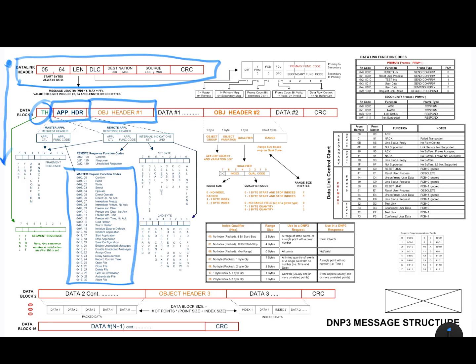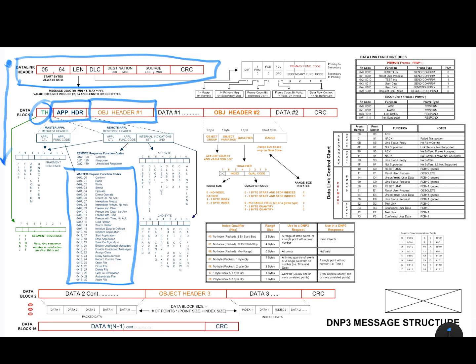So this is where the master says whether it wants to read or write a value, freeze it, operate it, and so on. This is in general how we approach using this breakout sheet.